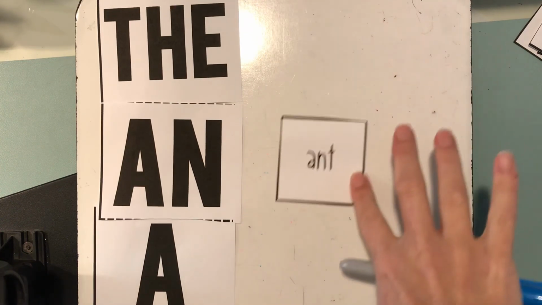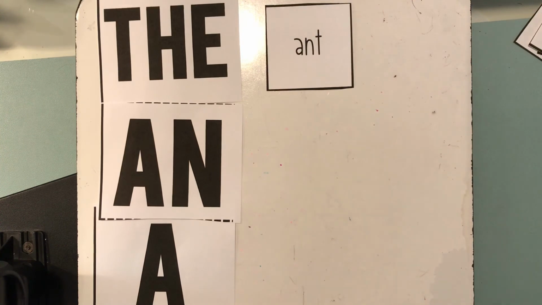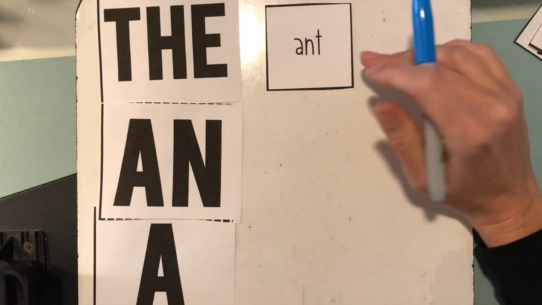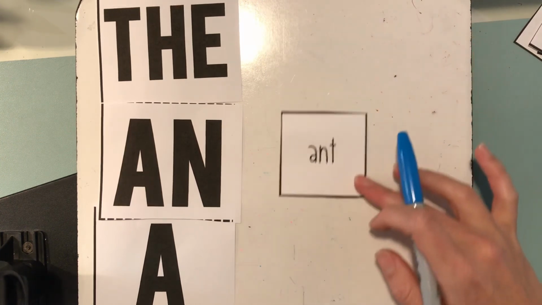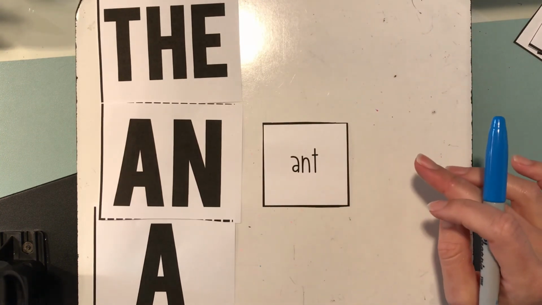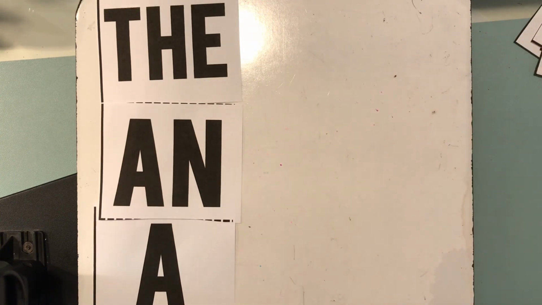Well, it could be an ant or the ant. Either one would have worked here. The ant had polka dots on its back, which ants don't, but whatever. Or an ant went to go find food. Either one would have worked. It just depends on the sentence.